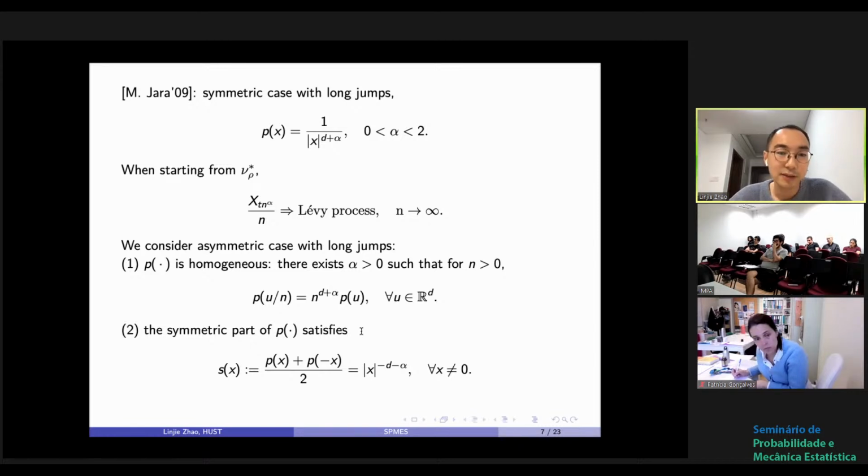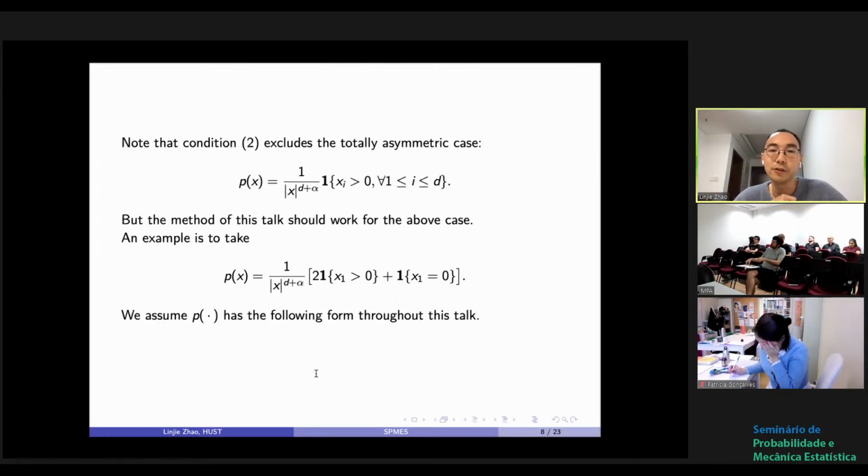And for the second condition, I assume the symmetric part of p satisfies the following. I assume the symmetric part of p is |x|^(-2-d-alpha). So this is actually this. I think the second assumption is not so natural because the totally asymmetric case does not satisfy the second condition. That is, if we only allow particles to jump up and to the right, then we could see that it does not satisfy the second condition.